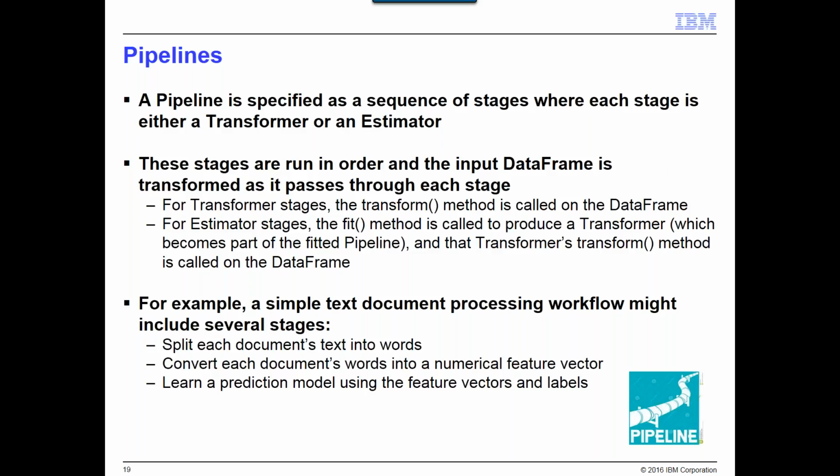And then we're going to learn a predictive model using these feature vectors and labels, which we'll talk about in a little bit more detail when we get into the demo. But what you have to do is construct a pipeline that has these various transformers and estimators, and the pipeline will run them in a particular order so that you can train a model, and then, as we'll also see, you will be able to use it to make predictions later on.